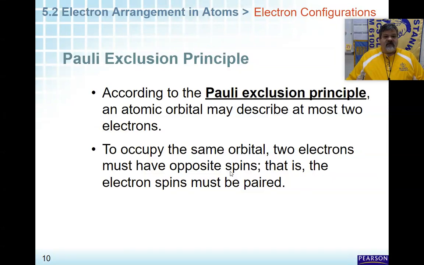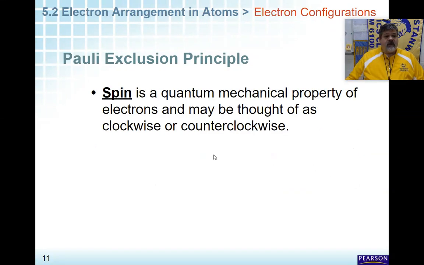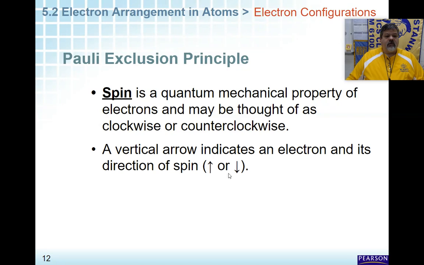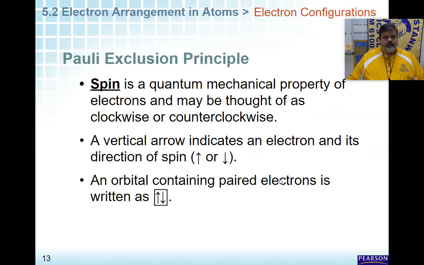If one spins clockwise, the other one would spin counterclockwise. Or if one is spinning up, the other one would be spinning down. So we have a difference there. A spin is a quantum mechanical property. Again, you can think of it as clockwise or counterclockwise, or as up or down.